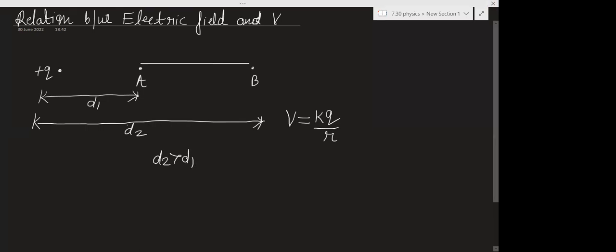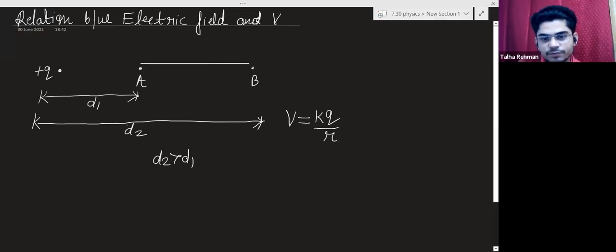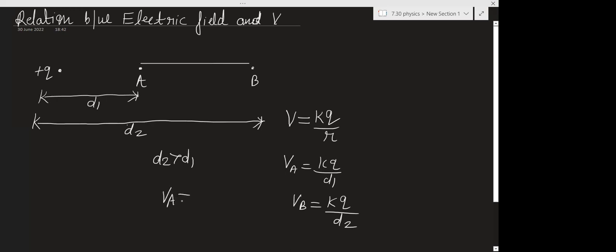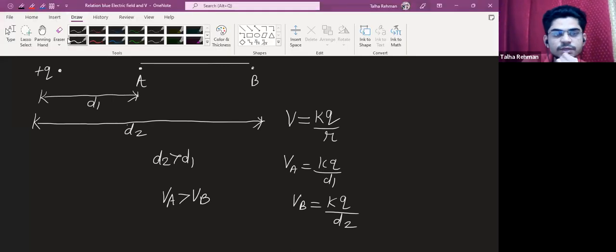If we put the value of D1, V at A is KQ by D1, and V at B is KQ by D2. So obviously D2 is greater means VB is smaller, means VA is larger than VB.